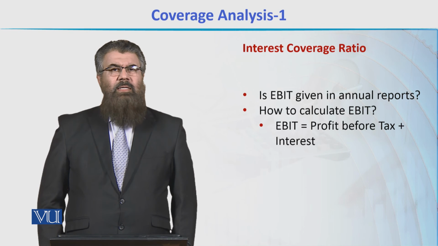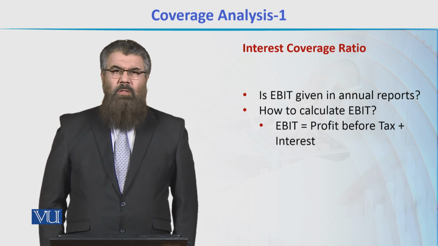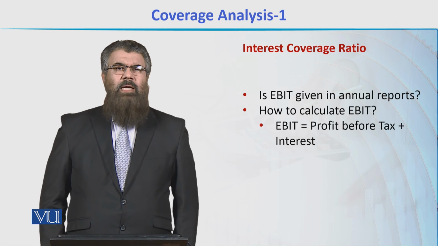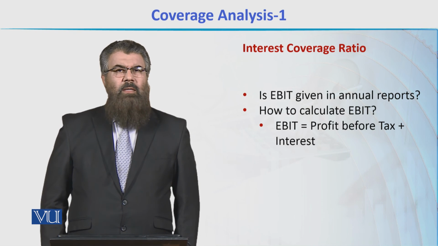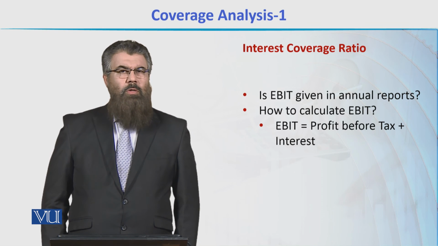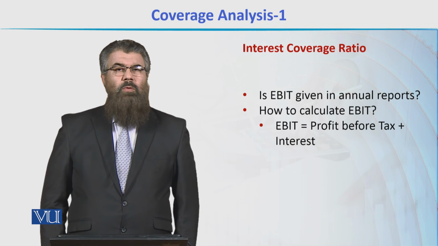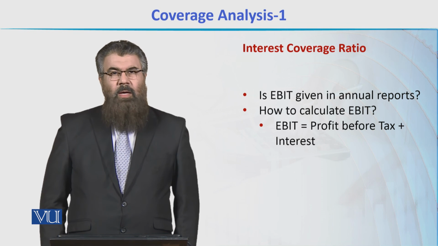Is EBIT given in the annual report? Annual report is actually a report published by every company, and it includes not only the financial statements, but it also includes some other details. But for the calculation of ratios, we look at those 4 basic financial statements from where we pick up these values.